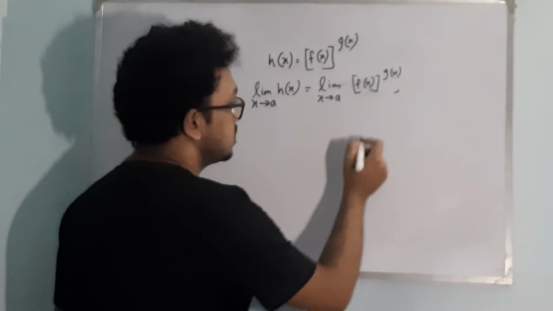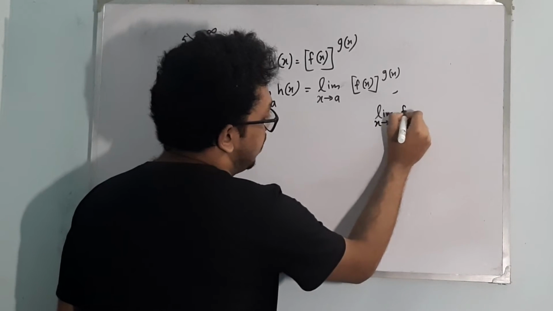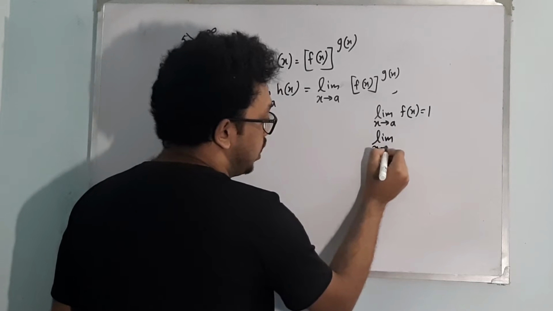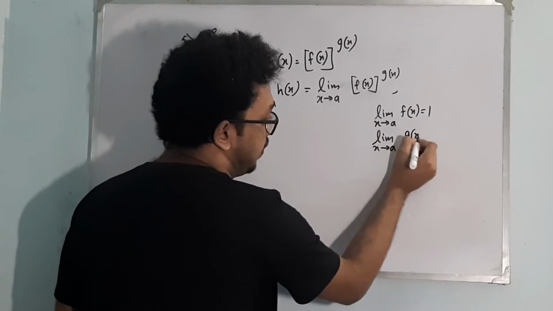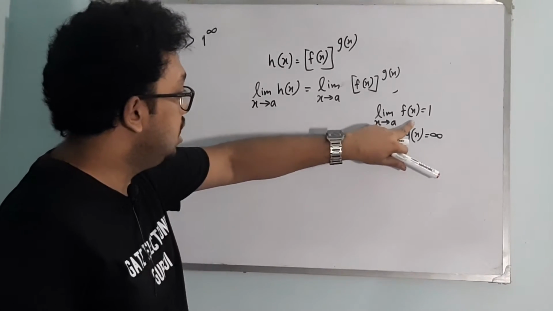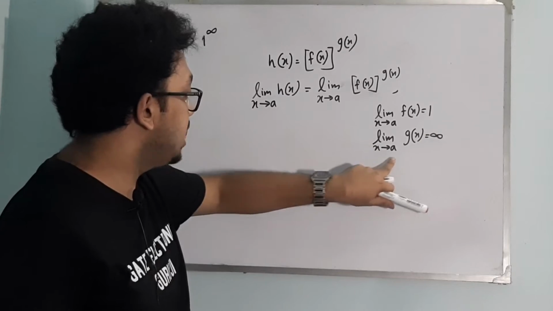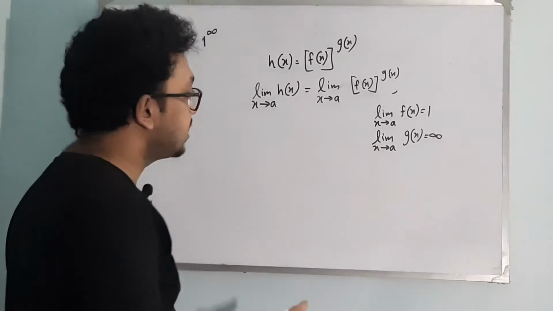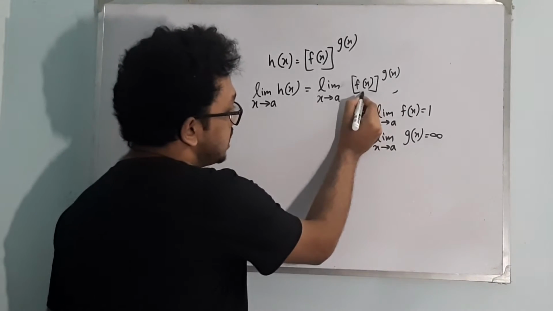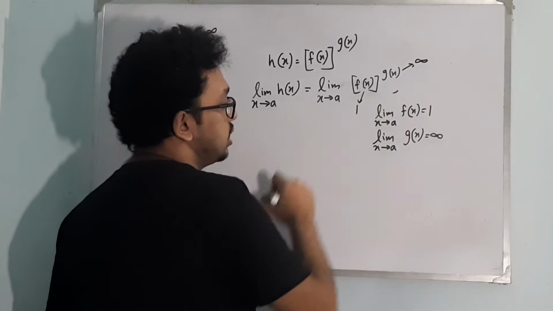Suppose we have a case such that limit as x tends to a of f(x) is equal to 1 and limit as x tends to a of g(x) is equal to infinite. In that case, I will have a 1 to the power infinite form because this f(x) is tending towards 1 and this g(x) is tending towards infinity.